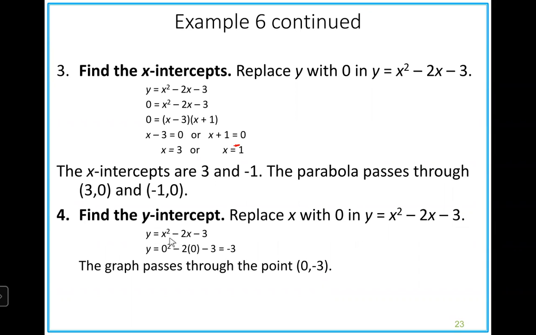So if x is 0, put 0 into the equation. So you're going to get 0 squared minus 2 times 0 minus 3. And in this case, 0 squared is 0. Negative 2 times that is 0. So that's really 0 minus 3, which is equal to negative 3.